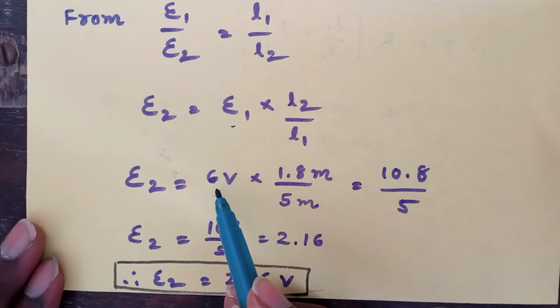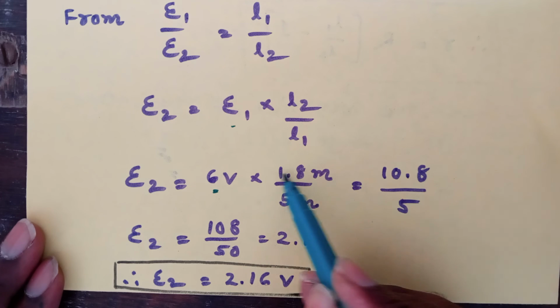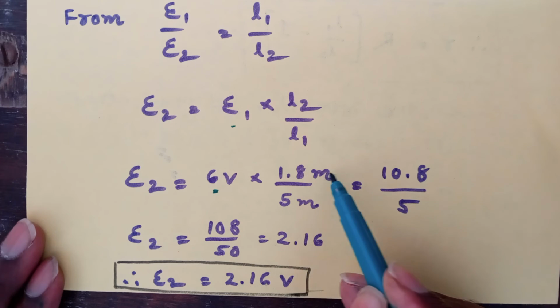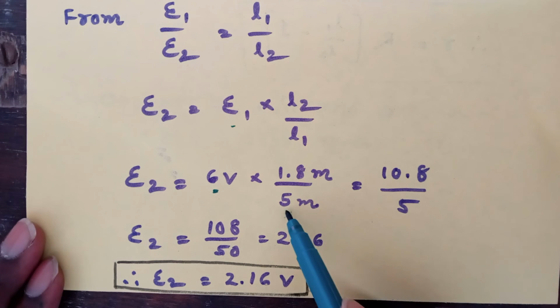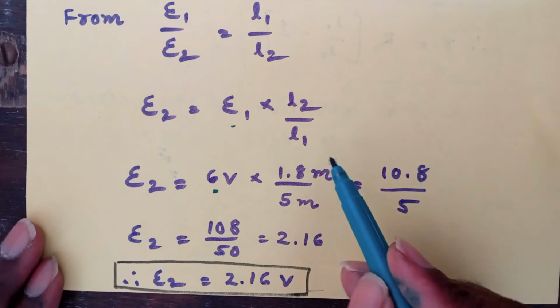EMF of the first cell 6 volts into L2, second balancing point length 1.8 meter, by L1, first balancing point length 5 meters.